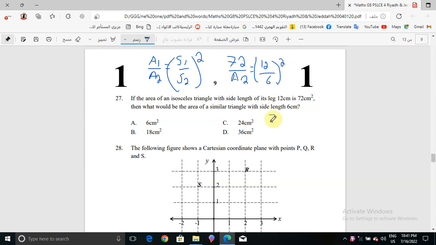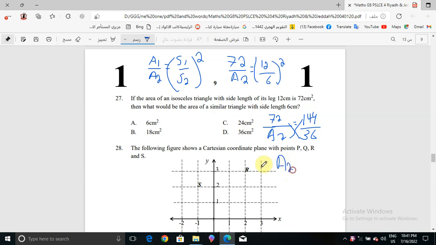Then we will get 72 over A2 is equal to 144 over 36. Then make crisscross.